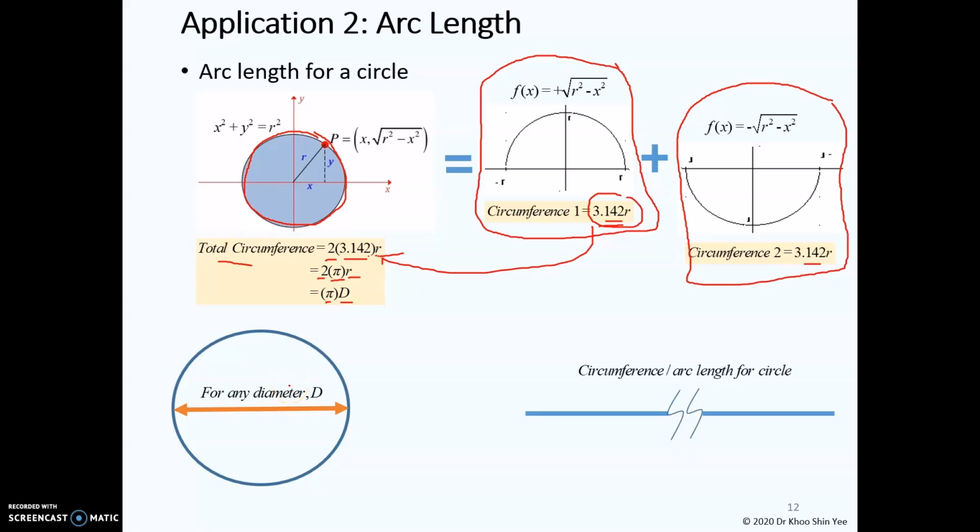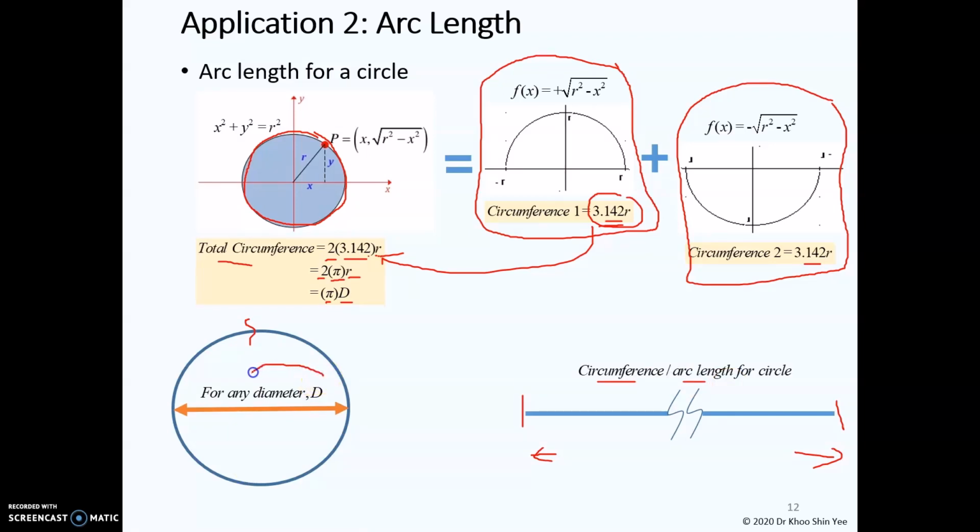In summary, for any circle with the diameter equal to d here, let's say we cut it off and arrange the circle into a straight line. So by calculating the distance from here to here, actually we are computing the circumference for the circle, or what is known as the arc length of the circle.